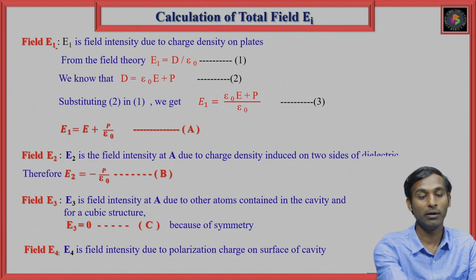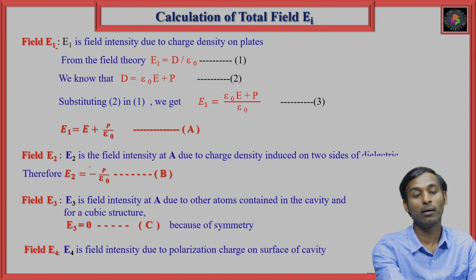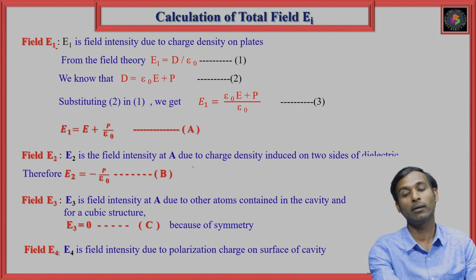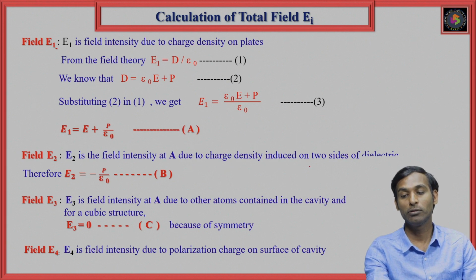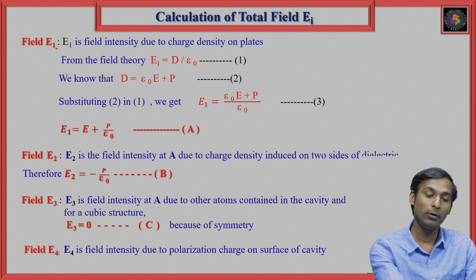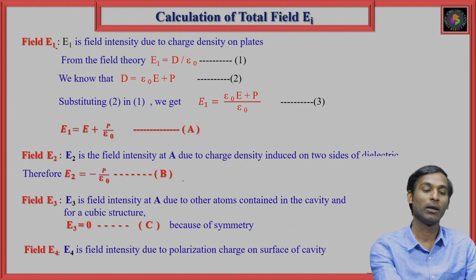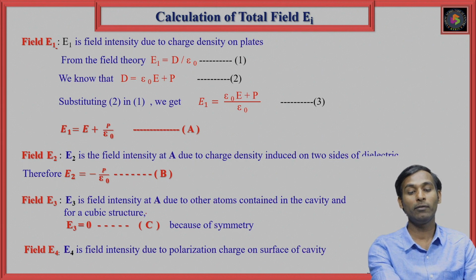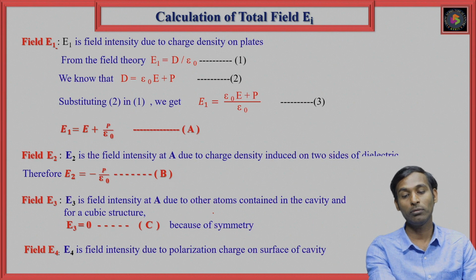Next one, field E2. E2 is the field intensity at the edge due to charge density induced on two sides of the dielectric material. Therefore, E2 is equal to minus P by epsilon naught, that is equation number B. What about E3? E3 is the field intensity at the edge due to other atoms contained in the cavity.